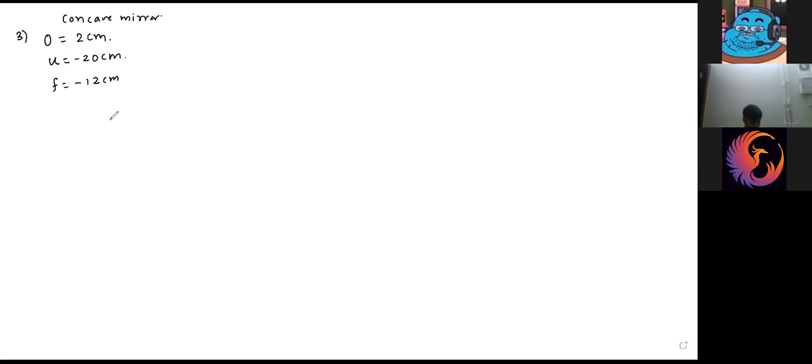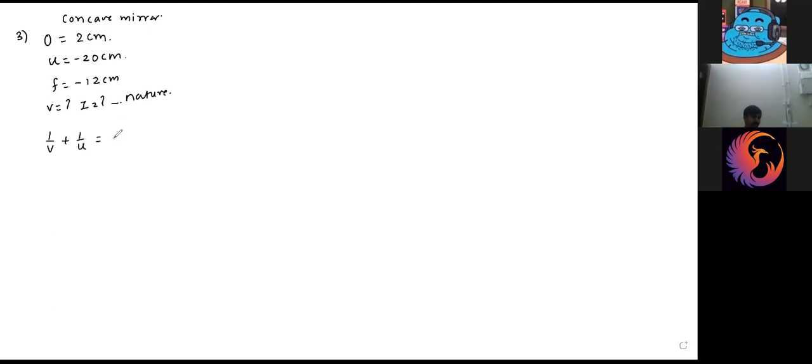Find, what is asked? Image position, size and nature of image. So we have to find v, find I, and the nature. Okay? Which formula? Say, Risha. 1 by v plus 1 by u is equal to 1 by f.